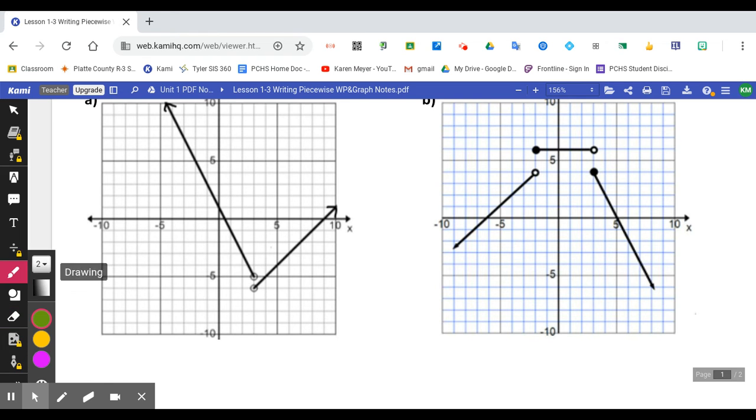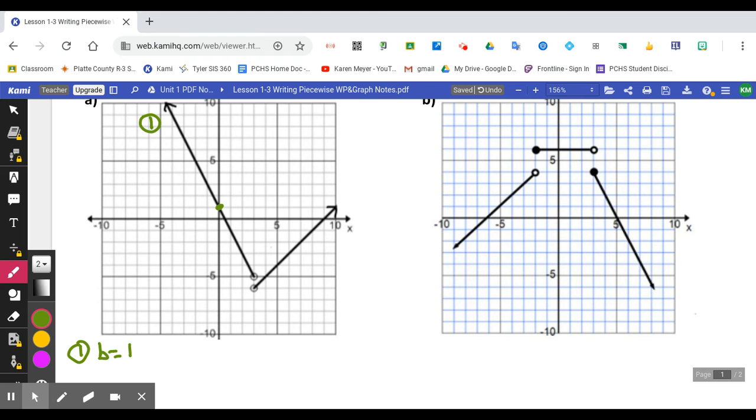So the line that's farthest to the left, I'm going to call this my first part. And in order to write this, we need to know the slope and the y-intercept of that line. So for the first one, the y-intercept, we can see where it crosses the y-axis, and that is at +1.